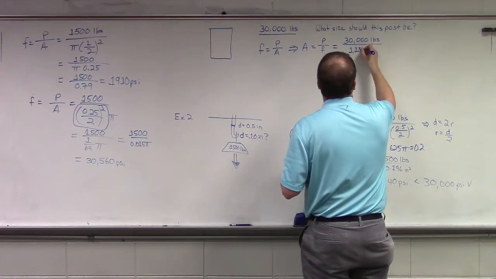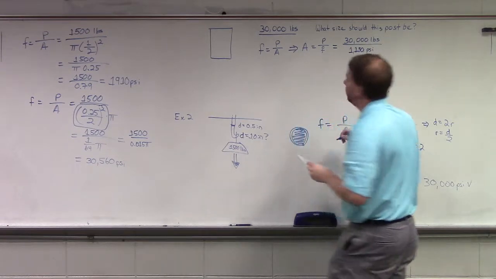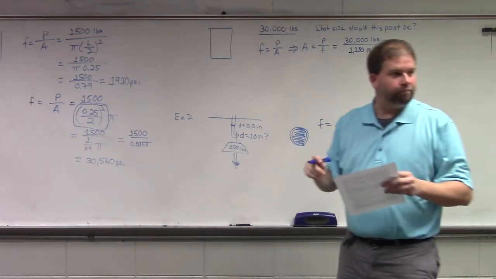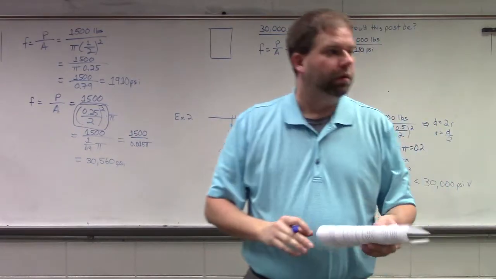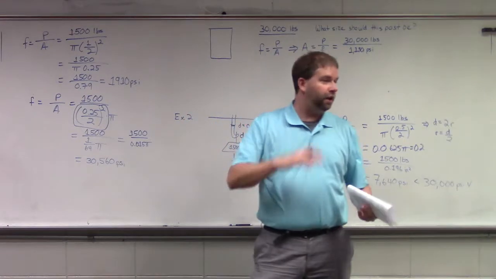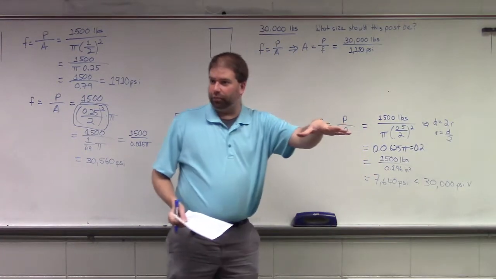We're allowed 1150 PSI. You always use 1150 when we're talking about structural lumber in compression.